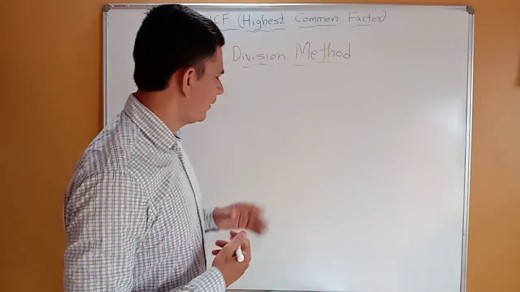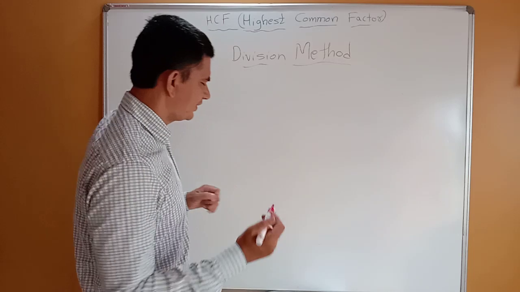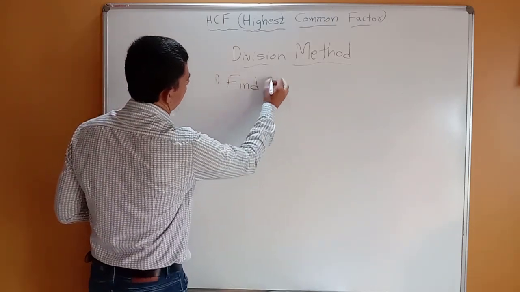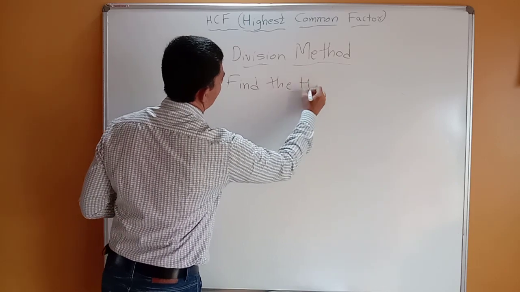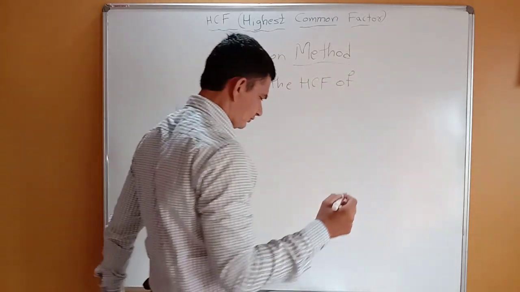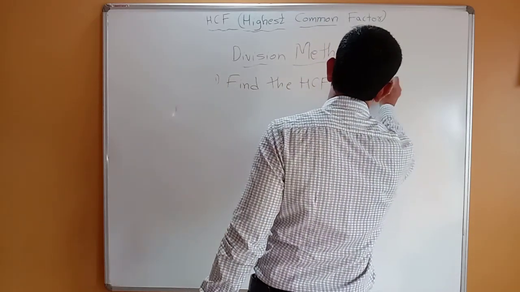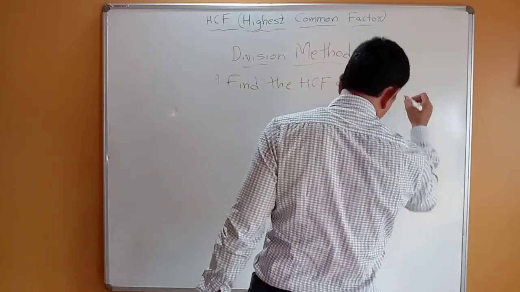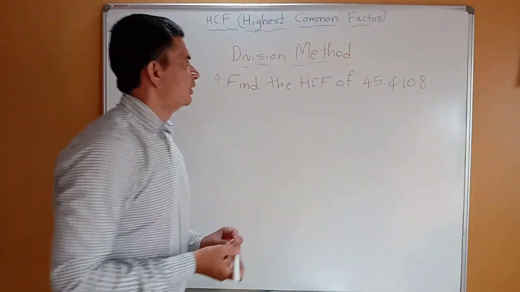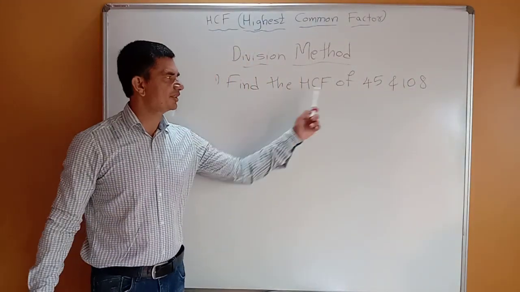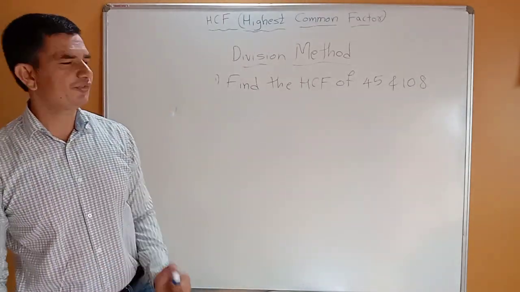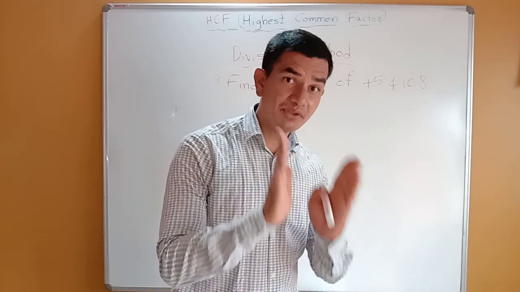Let us say, I will write one question here. Find the HCF of 45 and, a little bit bigger number, 108. Okay friends, can you see this question? We have to find the HCF of 45 and 108 with the help of the division method.